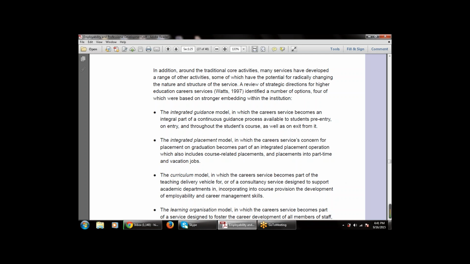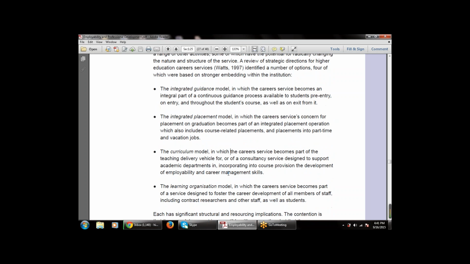Next is the learning organization model, in which the career services become part of a service designed to foster the career development of all members of the staff, including contract researchers and other staff, as well as the students.